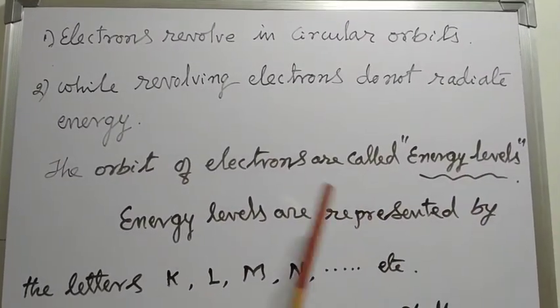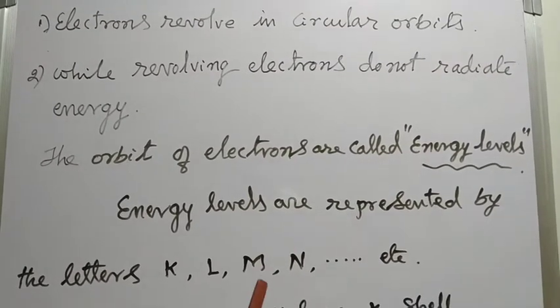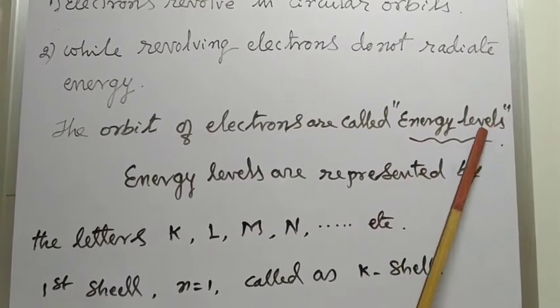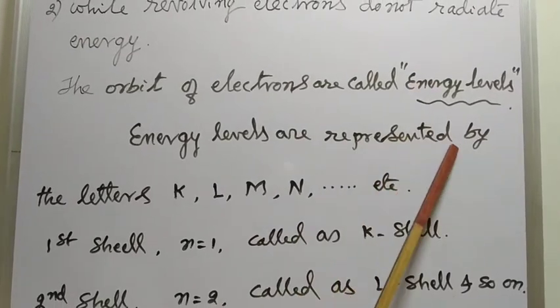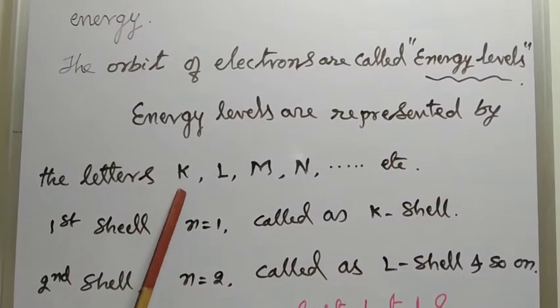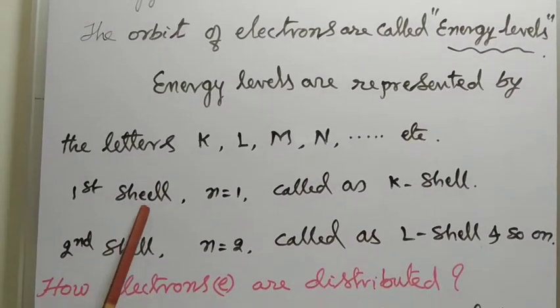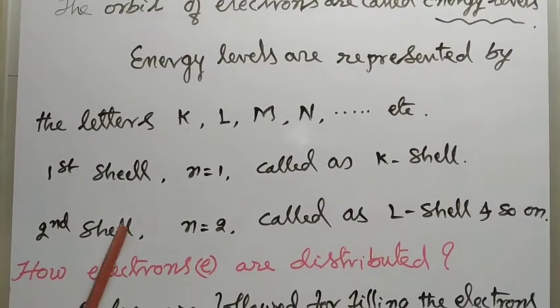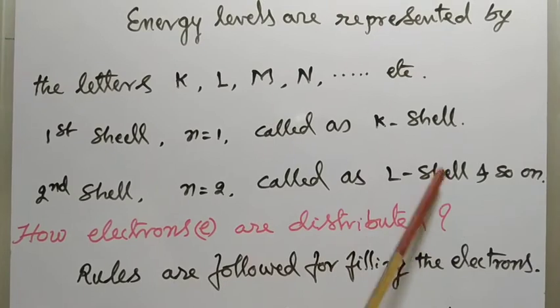Those we have written in circular form are called orbits. K, L, M, N are also called energy levels. Energy levels are represented by the letters K, L, M, N, etc. First shell, that is n equal to 1, called as K shell. Second shell, n equal to 2, called as L shell, and so on.